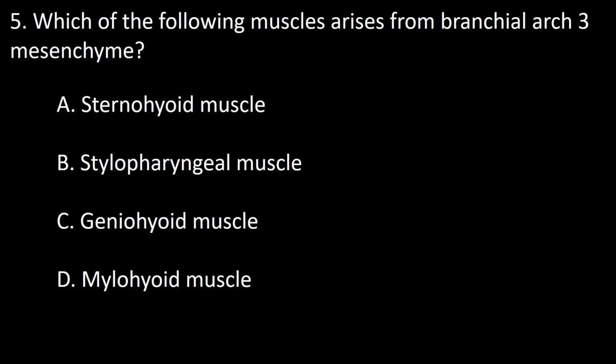Next question. Which of the following muscles arises from branchial arch 3 mesenchyma? A. Sternohyoid muscle. B. Stylopharyngeus muscle. C. Geniohyoid muscle. D. Mylohyoid muscle.